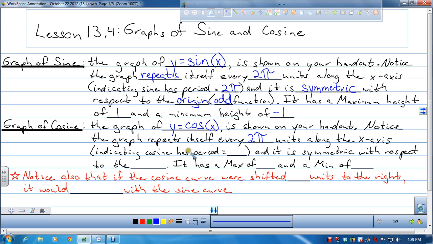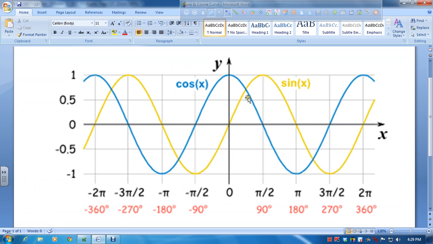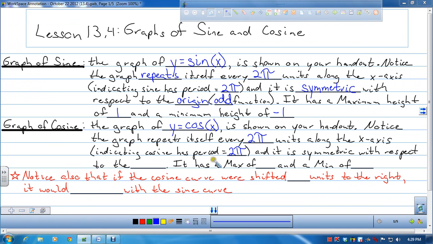That indicates that the cosine also has a period equal to 2 pi. However, this one is symmetric about the y-axis. It's pretty obvious that if I folded it at the y-axis, it would be on top of itself, right? So that is symmetric with respect to the y-axis.